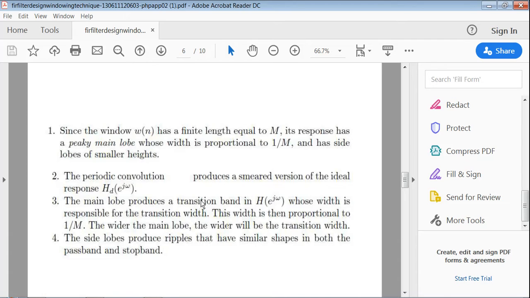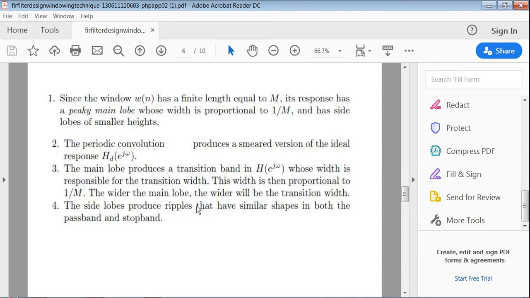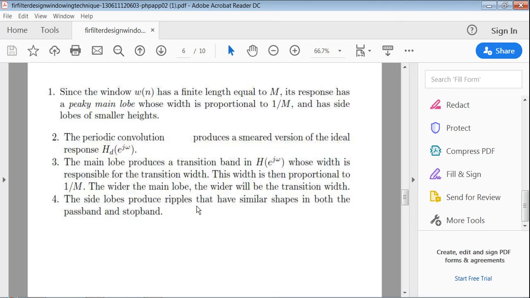The transition width depends on how many samples are used. The wider the main lobe, the wider the transition width. The side lobe produces ripples that have similar shapes in both the pass band and stop band. So the side lobes are responsible for ripple.